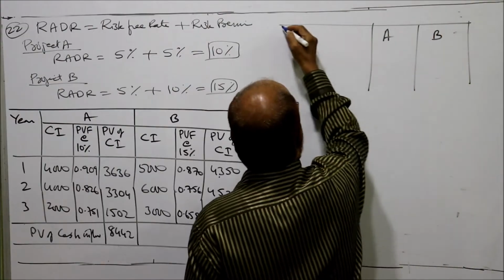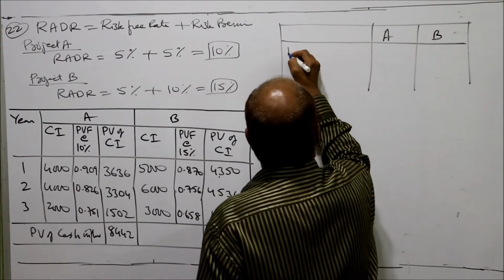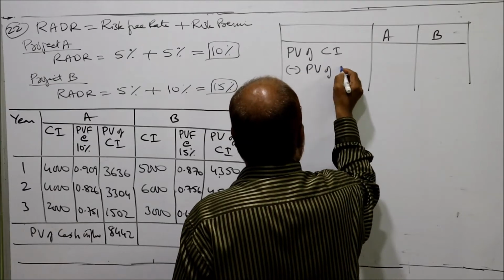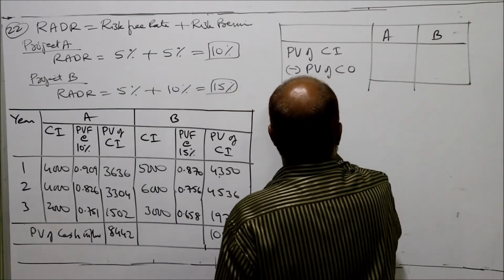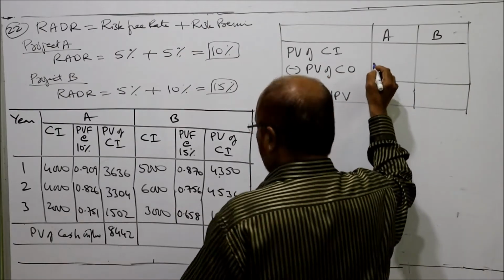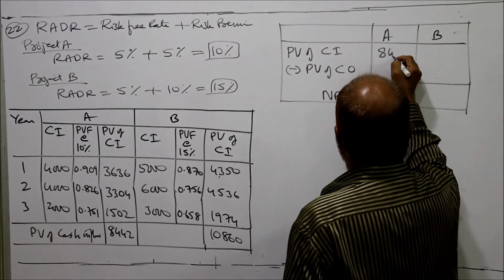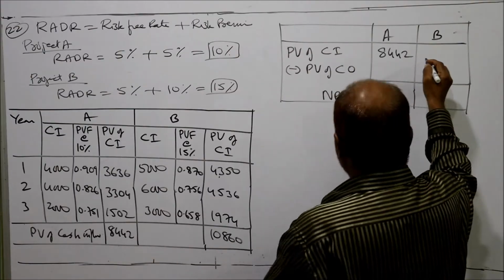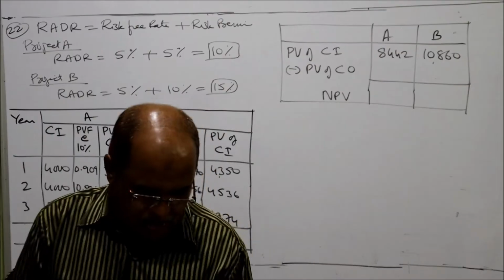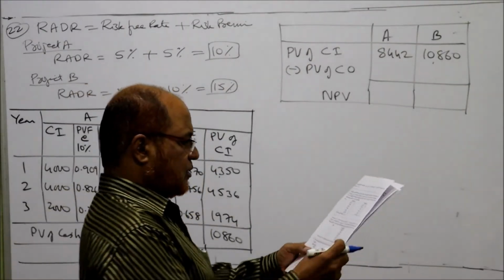A project, B project. PV of cash inflow minus PV of cash outflow. PV of cash inflow 8442 and 10,860. What is the cash outflow? How much is the cash outflow? 10,000.